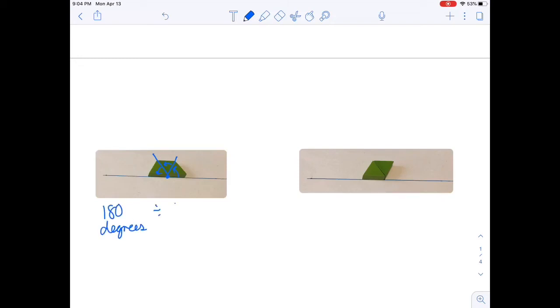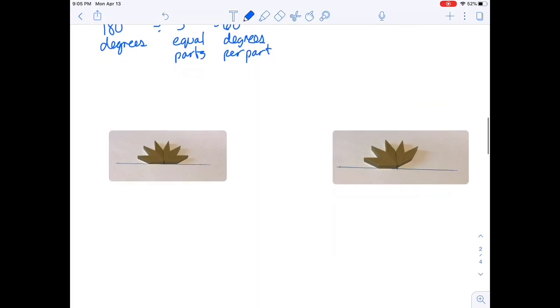I'm going to have 180 degrees divided by 3 equal parts, 60 degrees per part. If I remove one triangle, I can see that I'm going to have a protractor that measures 60-degree angles.